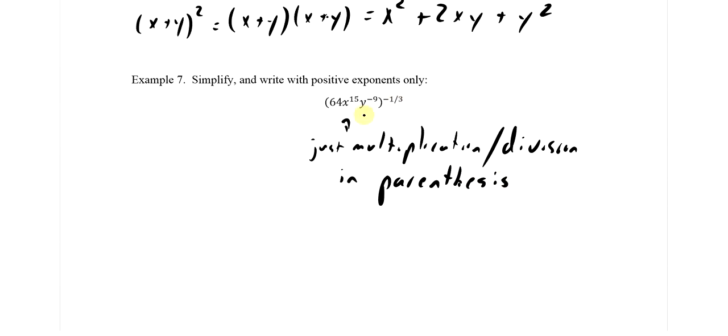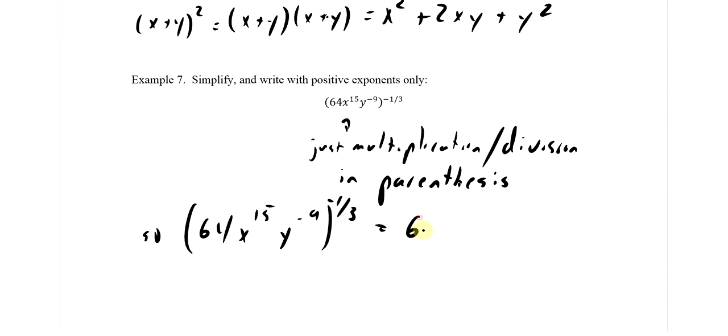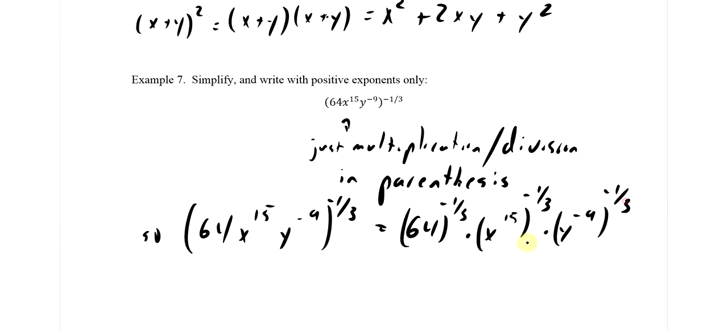So that means I can distribute out the power. So this thing is 64 to the minus 1/3 power times x to the 15th to the minus 1/3 power times y to the minus 9 to the minus 1/3 power.